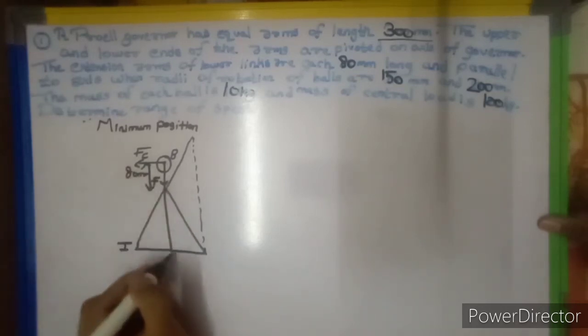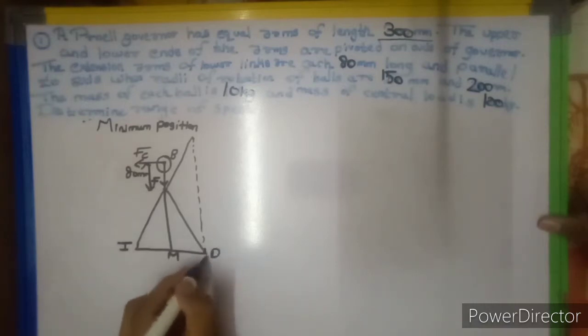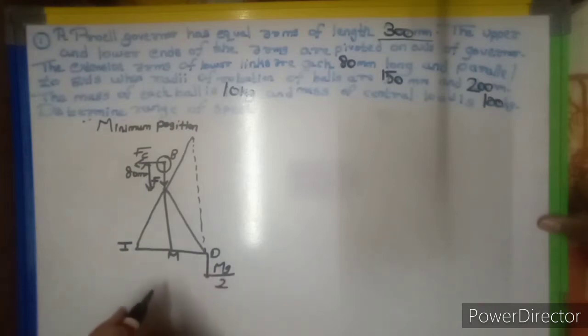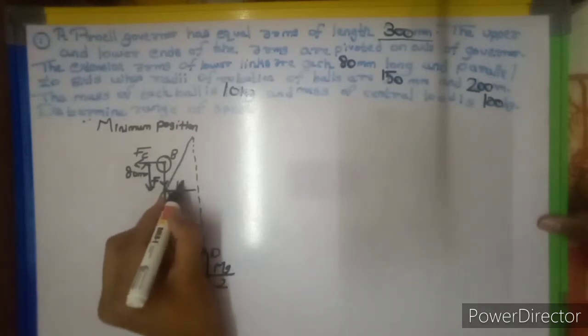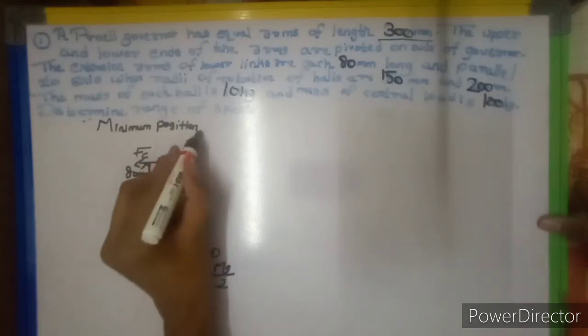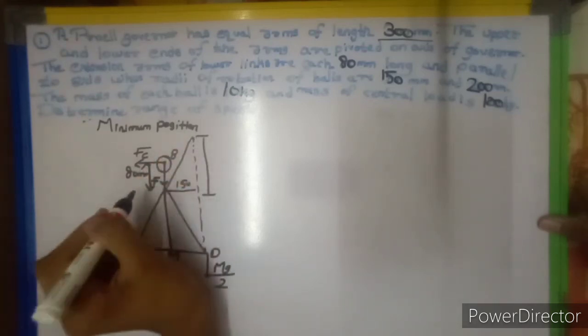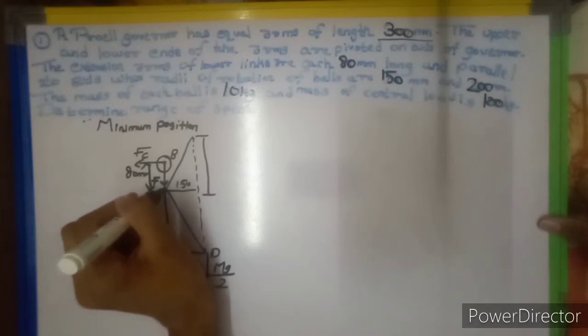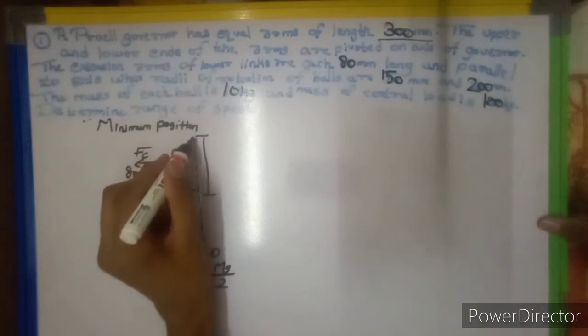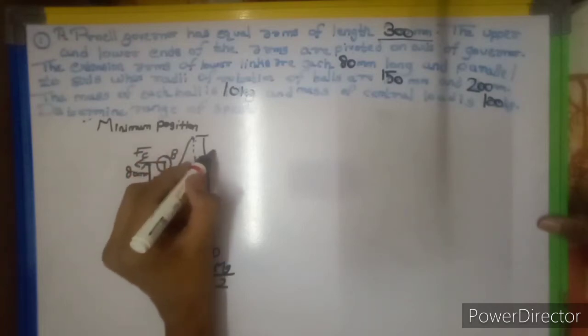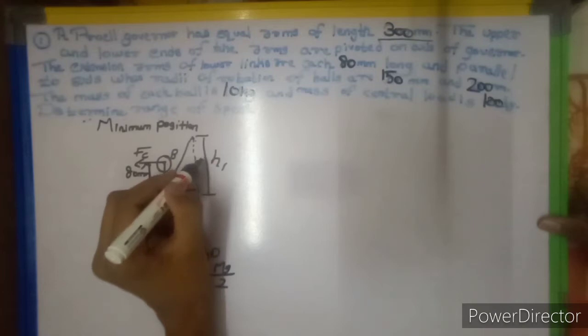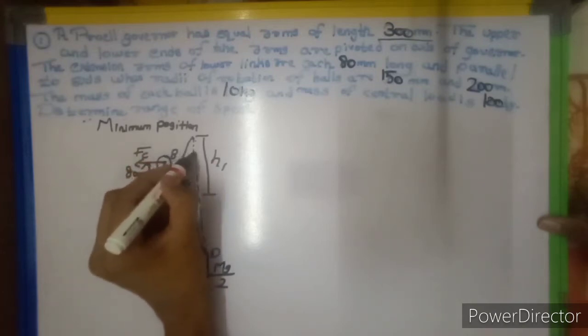Name this as F, this as M, this as D. Since the whole part is mg, half part is mg by 2. First we have taken the minimum condition, so 150. The point from the center of the actual point where the ball should have been to the point where the link is attached to the axis of the governor is h1, the height of the governor.